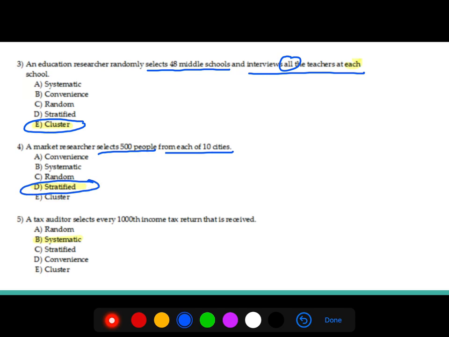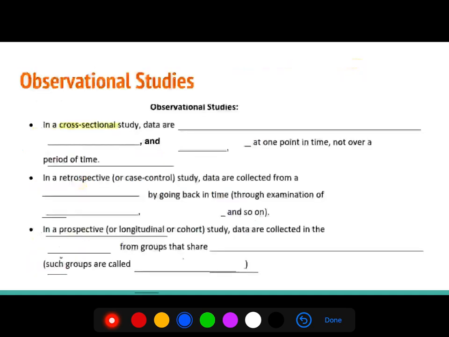The 10 cities are like the strata, and he takes 500 people randomly from there, so that's going to be stratified. This one's easy. The tax auditor does every 1,000th income tax return. That's systematic. So make sure you can tell the difference between the different sampling methods.